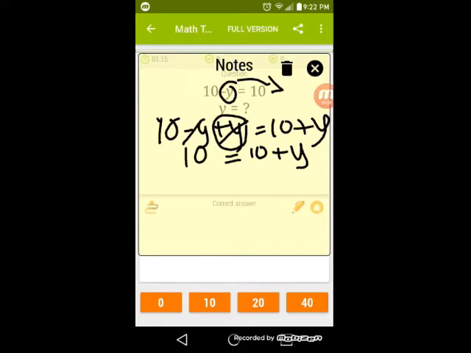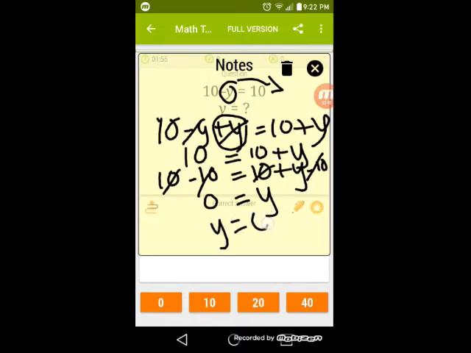And now you try to get rid of the 10 on the right side, so you do 10 minus 10 from both sides. And these two leave 0, and that 10 and minus 10 leave y, so what you're left with is y is equal to 0.